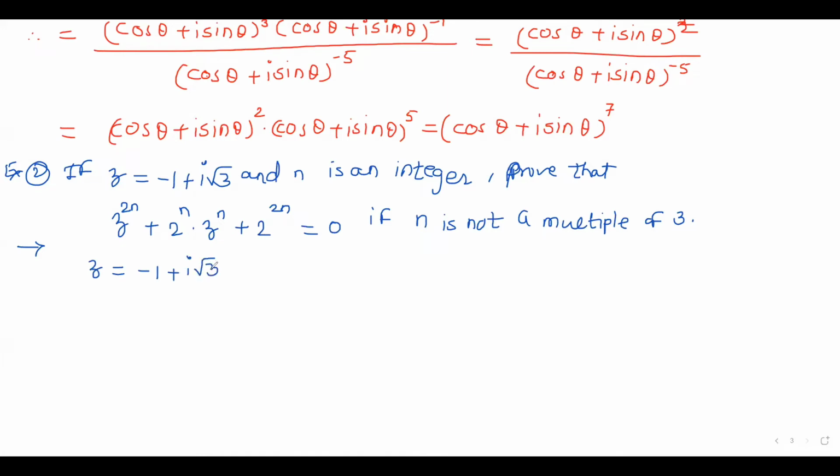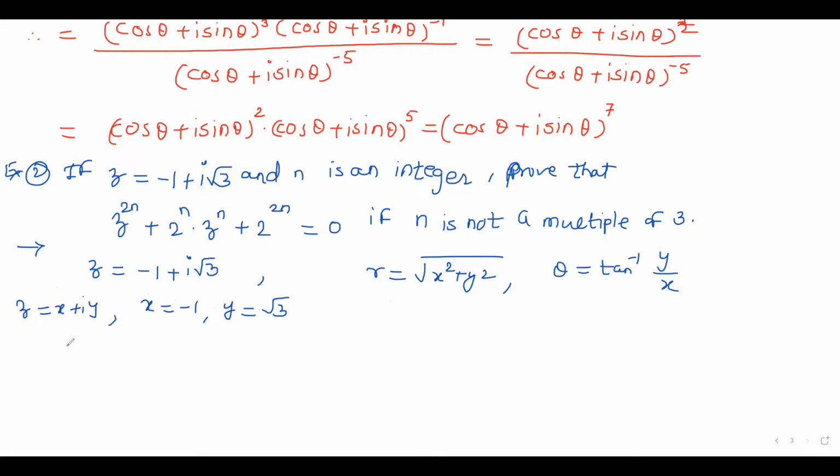Now for this minus 1 plus i root 3, as already told, r is nothing but under root x square plus y square and theta is nothing but tan inverse of y upon x, right? So for r, x is nothing but minus 1, y is nothing but root 3, as z is nothing but x plus iy. Is it right?